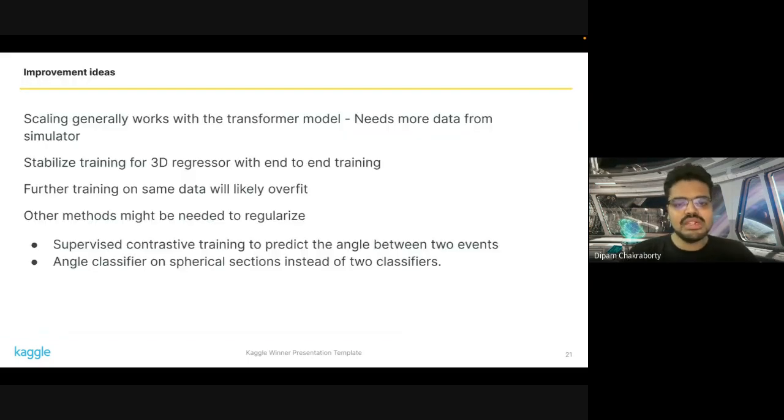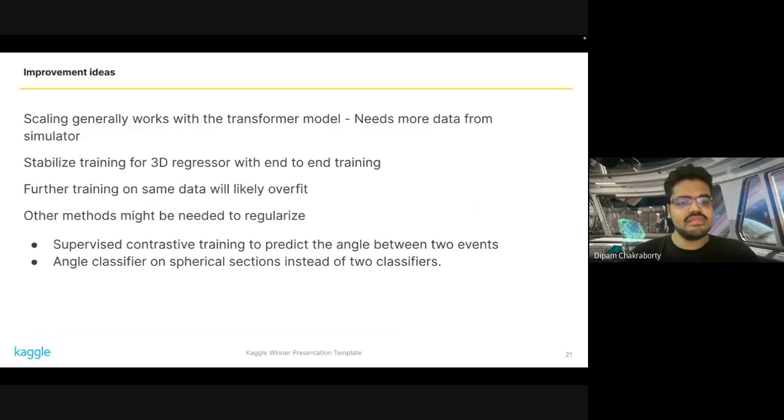And for improvement, what I had seen was essentially there was no overfitting, but later when I saw some overfitting at the end, we do want to use some other methods to reduce the overfitting.